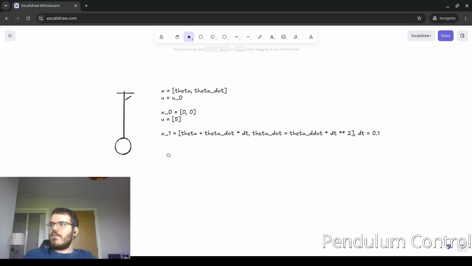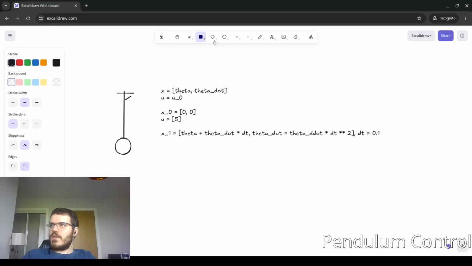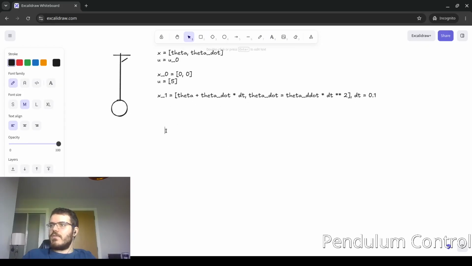So we're going to have a bunch of x's and y's. Where's my text? There we go. So we've got x0, x1, and so on, and I've got a list of these. And then I've got my controls, and these go to one less.